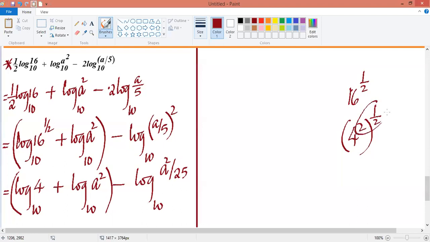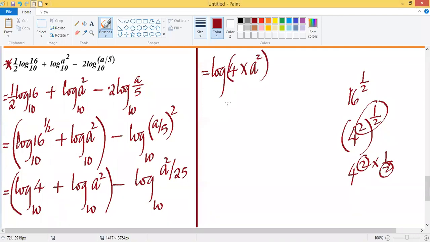In indices, those powers multiply. Agree? Yes. So that becomes the log of 4 times a squared to base 10 minus the log of a squared over 25 base 10.